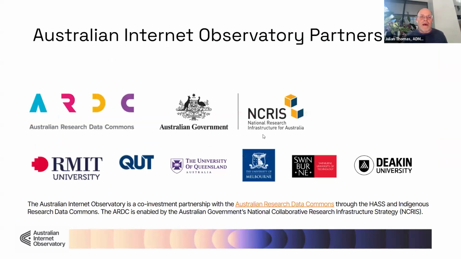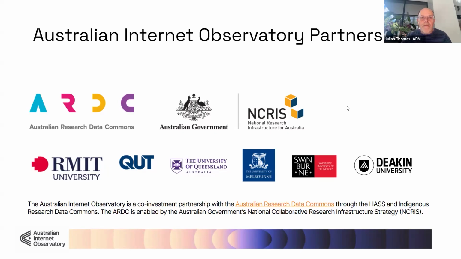Just to begin with some basic information about the AIO, it is the result of a collaborative partnership involving universities, RMIT, QUT, UQ, the University of Melbourne, Swinburne University and Deakin, with the Australian Research Data Commons, the ARDC, and it's funded through ARDC as a collaborative partnership with funding from NCRIS, the National Research Infrastructure Program for Australia.